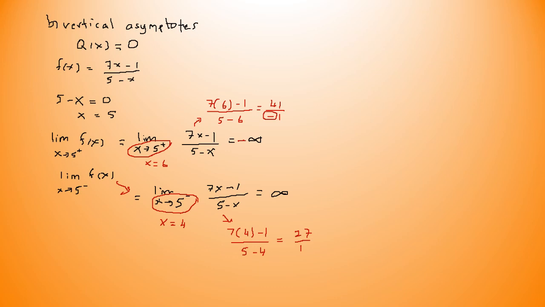The value is positive, so our limit is positive infinity. It can be concluded that the vertical asymptote is x equal to 5.